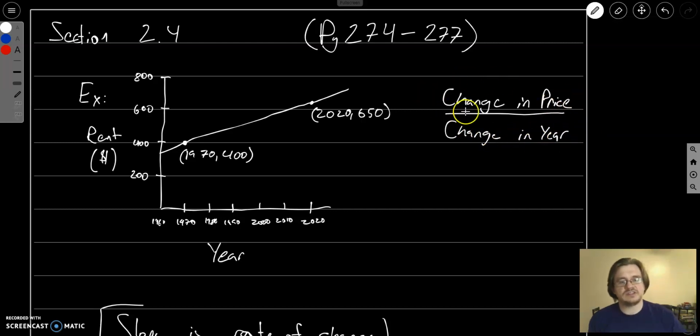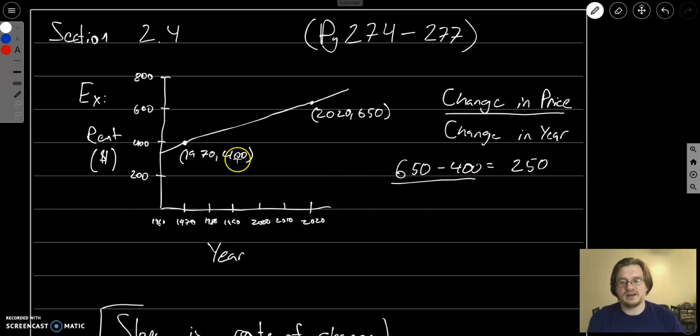As in, how much did it go up in what time frame? So we can imagine, okay, it's gone up from 400 to 650 here. So the change in price is going to be $250.